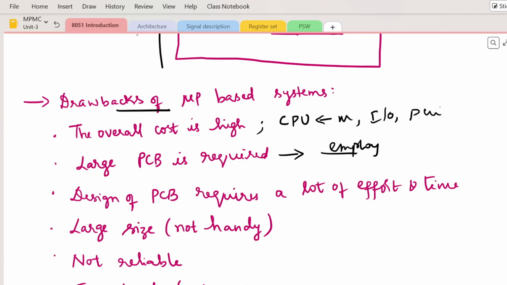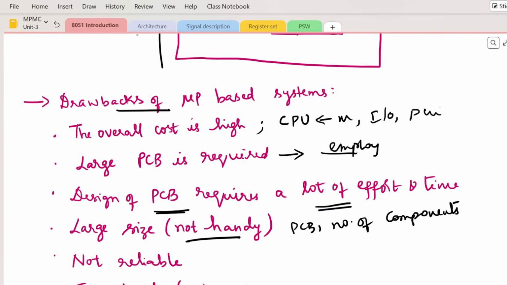And the design of the PCB requires a lot of time and effort. This is the third drawback. And here we have a large PCB and a number of components all on the same PCB, so the size of this system is very high and it is not handy.